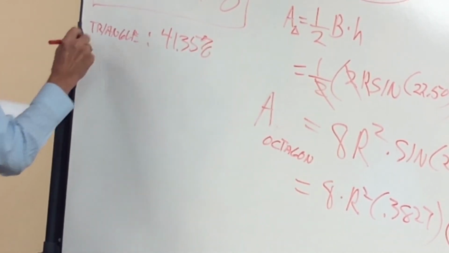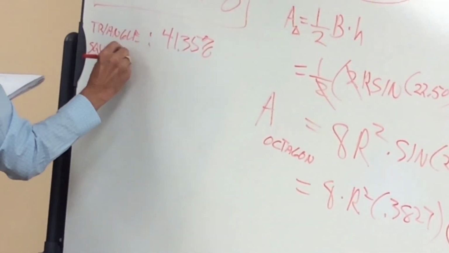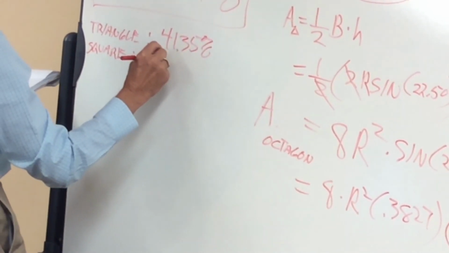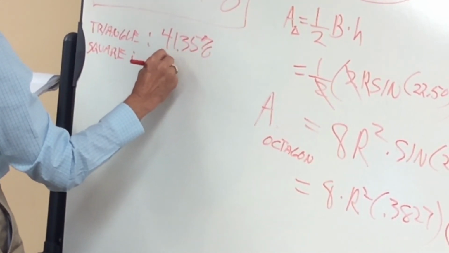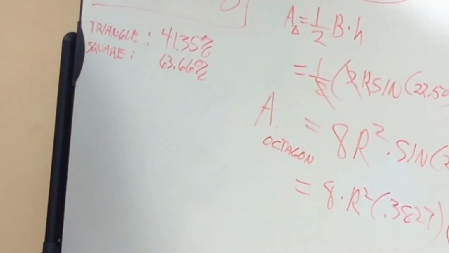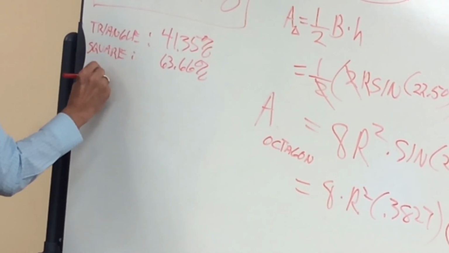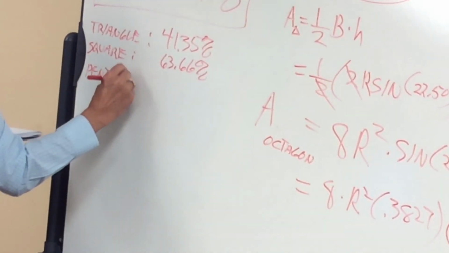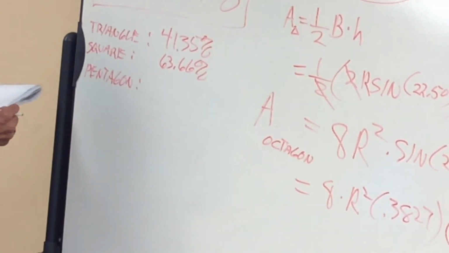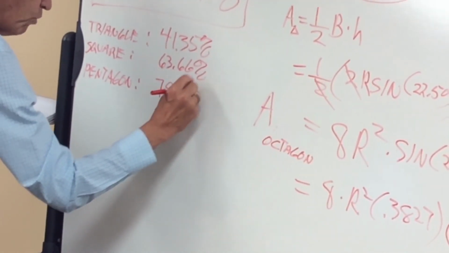We had the square at 63.66%. We didn't do the pentagon. It would have come out to 75.71%.